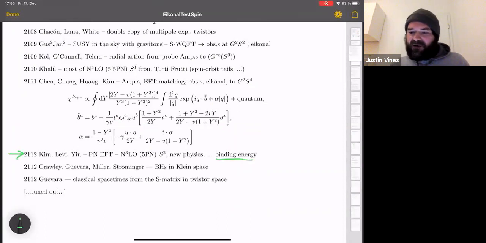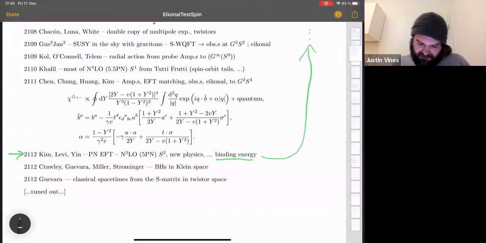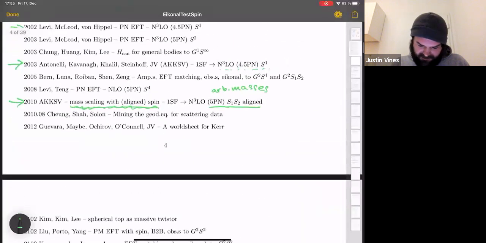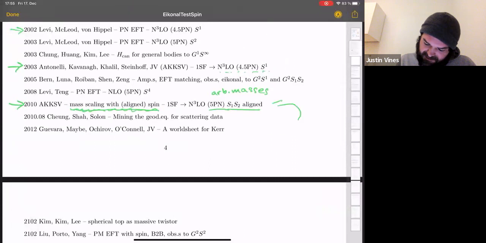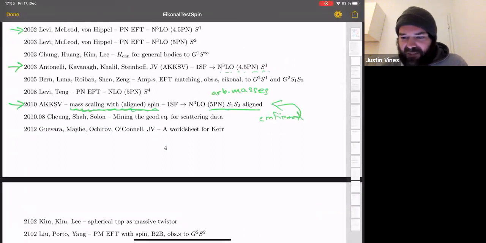took the calculation all the way to a gauge invariant observable, the binding energy, which can be compared. And at least for this, let me go way up here, where was that? Yeah, this guy was then at least partially confirmed by that result.